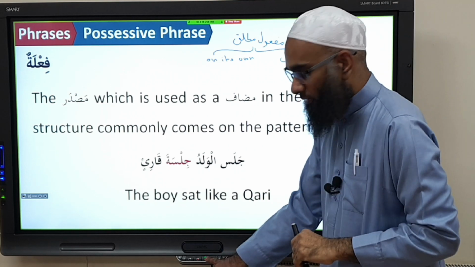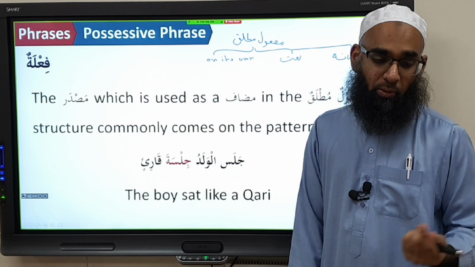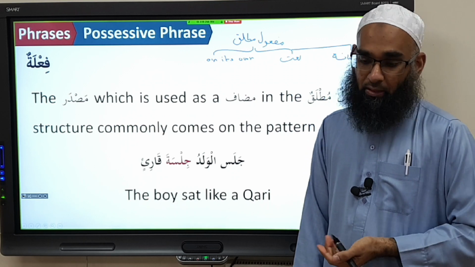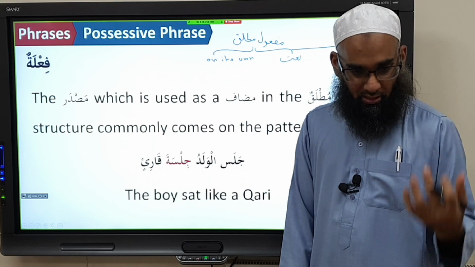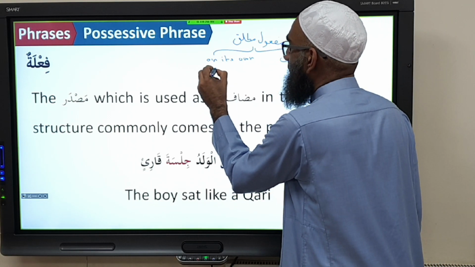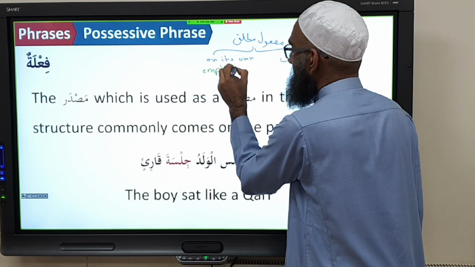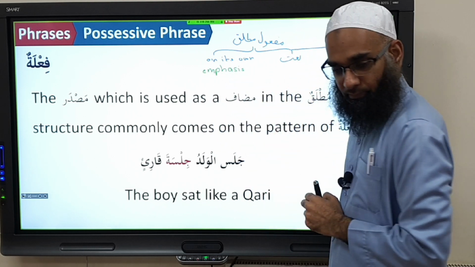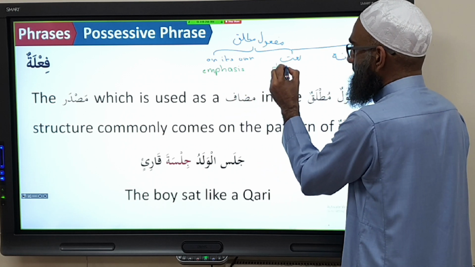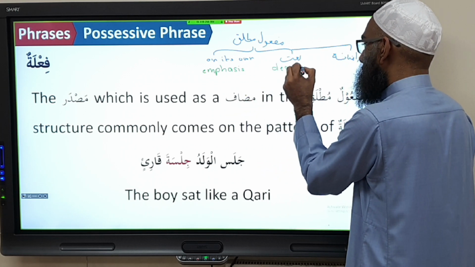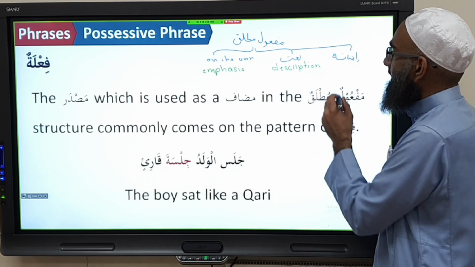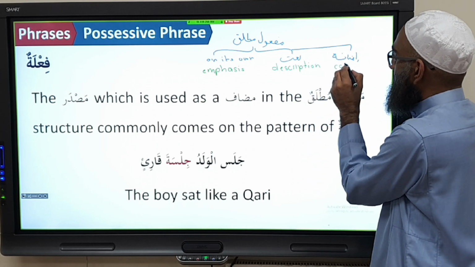If it comes on its own, for example دمر الله القرية تدميرا or أكل أكلا, really it is emphasis. If it comes on its own, it's only for what? Emphasis. If it comes with a na't, it's for description. And if it's for idafa, it becomes what? Comparison.